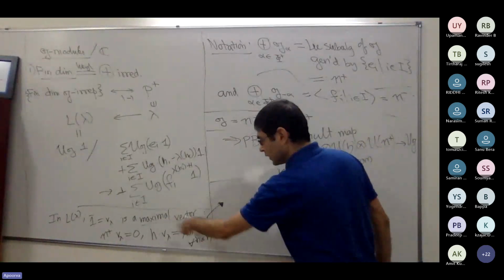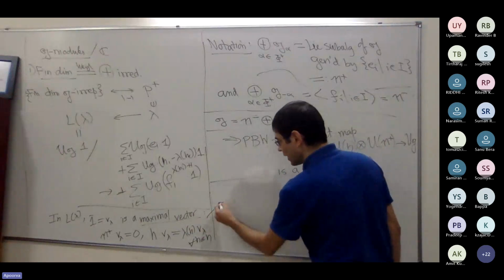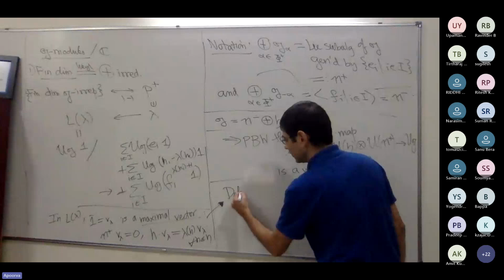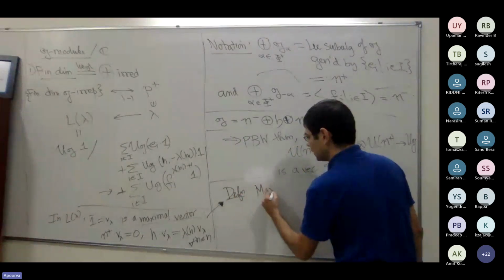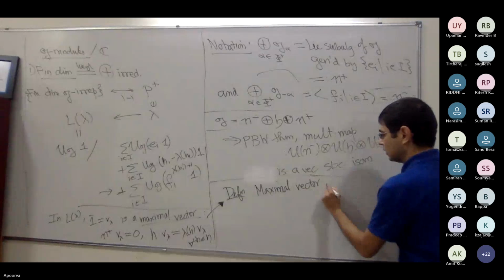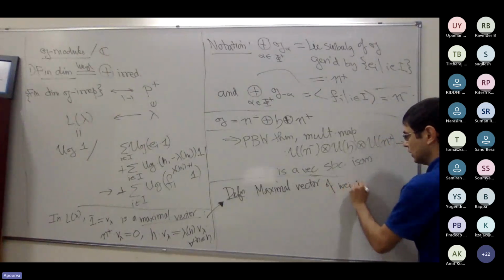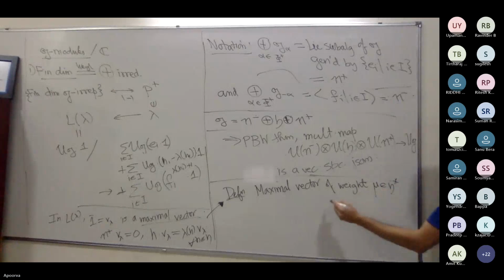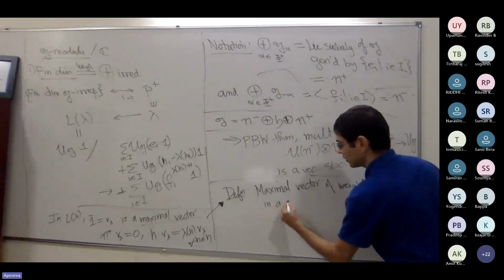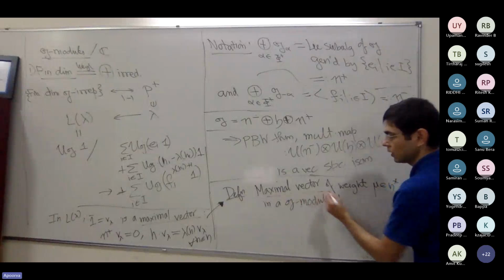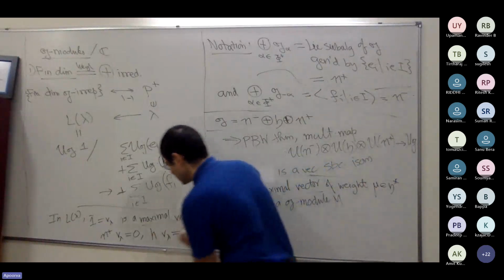So now one can define a maximal vector of weight mu in H star in a G module, and it simply means these two conditions are satisfied.